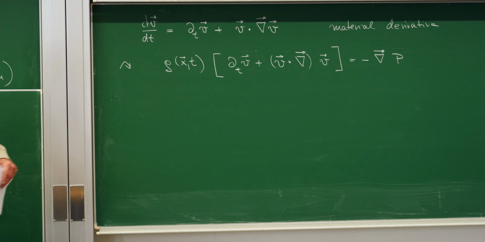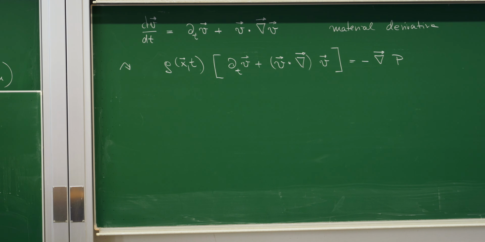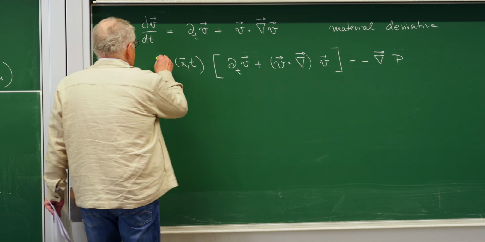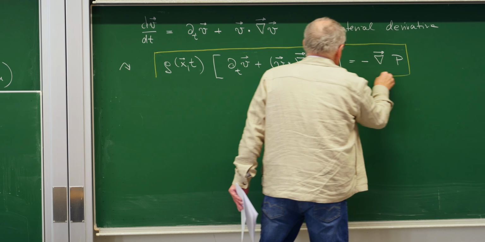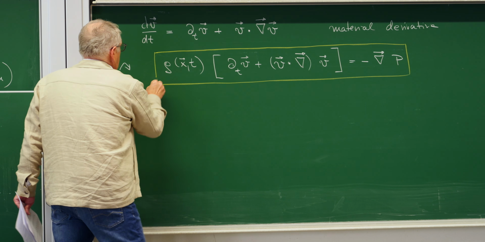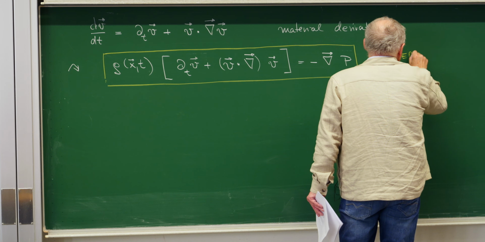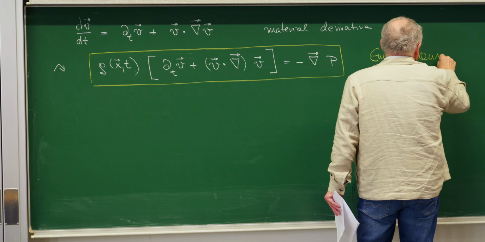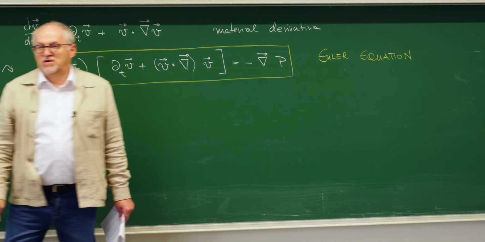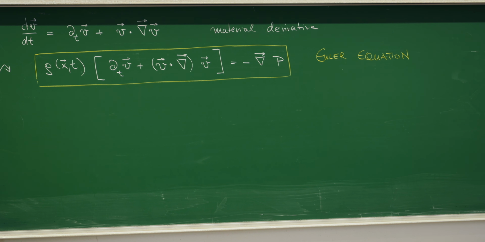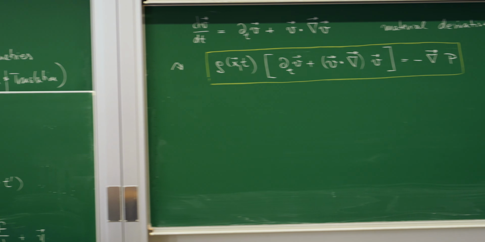And all quantities, of course, even if I don't write it, are functions of space and of time. Okay, so that's called the Euler equation. And this is just the formulation of Newton's law in terms of continuum quantities like the velocity field, the density field, and the pressure field.